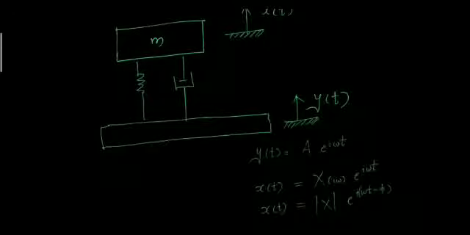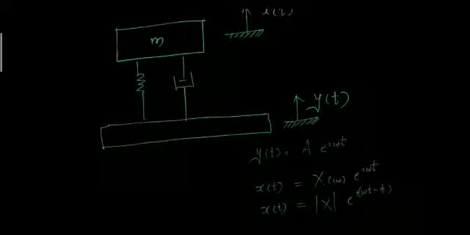So we have an equivalent mechanical model here. Here this is the base and this is the mass we are talking about. For example, this will be your road. Your road is having a wavy pattern, and this will be the cabin where your passengers are sitting.